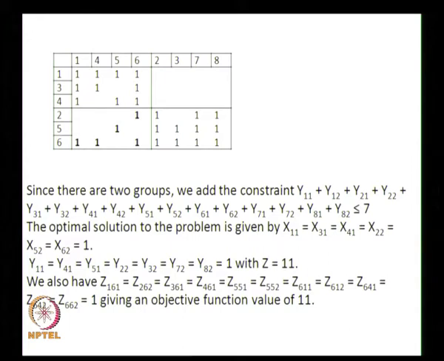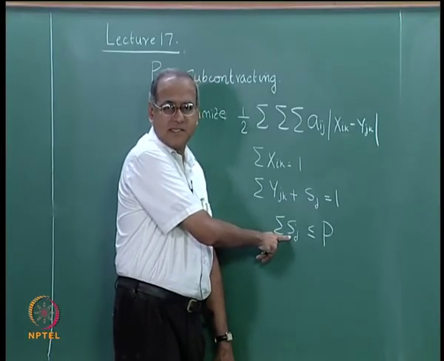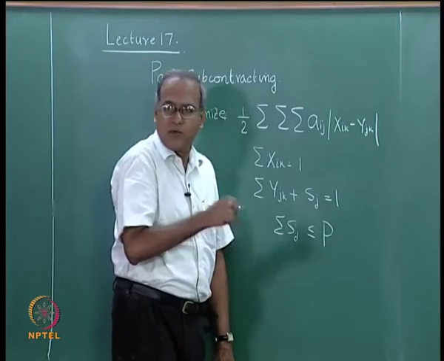So, this is a constraint which says that a maximum of only one part can be subcontracted. Either it can be written here as S1 plus S2 plus S3 plus S4 plus S5 plus S6 plus S7 plus S8 less than or equal to 1.